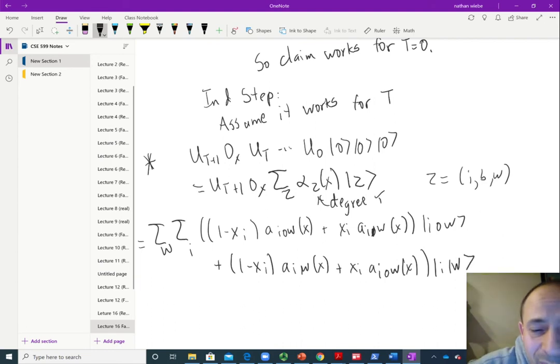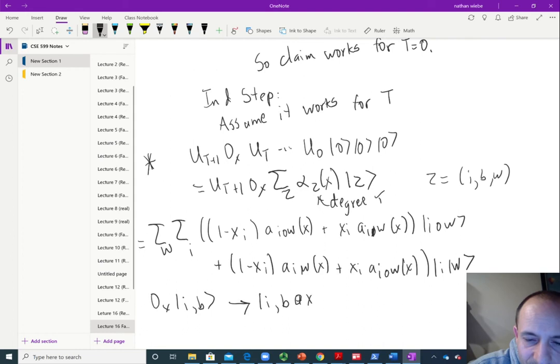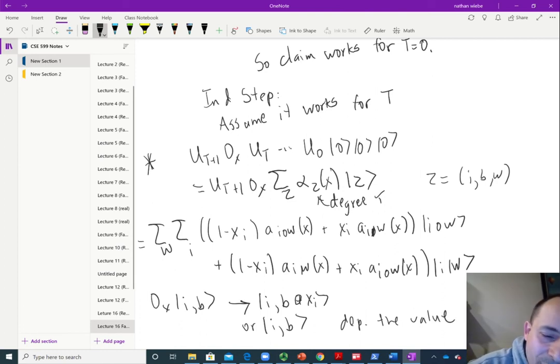Okay, so what am I doing here? Well, there are two cases. Either the O_x oracle acting on i and b yields i, b exclusive or x_i, or it yields i, b, depending on the value. So that's what I'm doing up here.